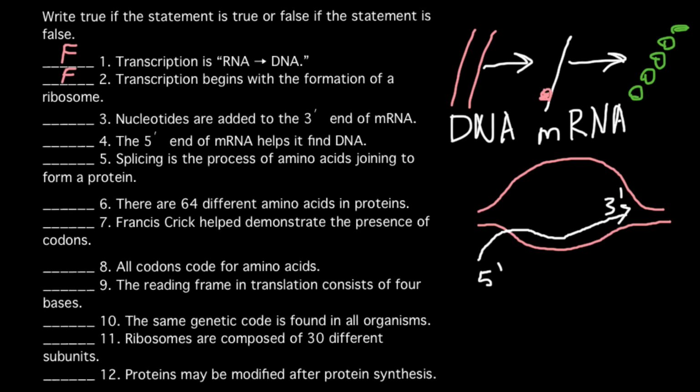And of course all new nucleotides would be added to the 3' end, and the overall direction of the growth of the message RNA would be from 5' end to 3' end. So the correct answer would be true. Nucleotides are added to the 3' end of the message RNA.